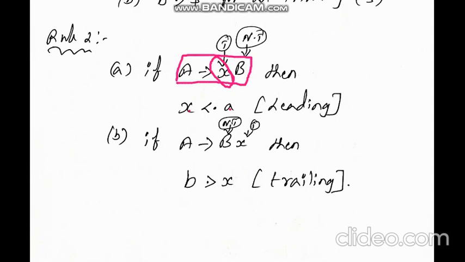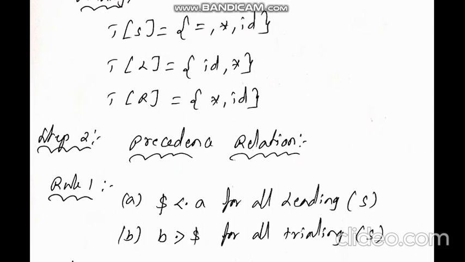Here it is the reverse, that is trailing. We have B here, right? That B we call the input, that is the terminal term, and X is the value present in that particular grammar, right? I will take one matching example for this particular rule so that you can understand how exactly this rule 2 in precedence relation is working.